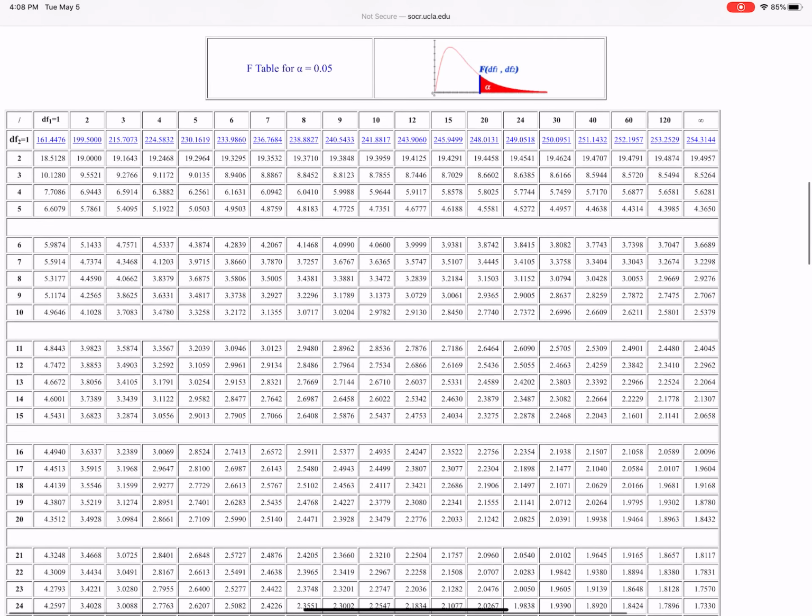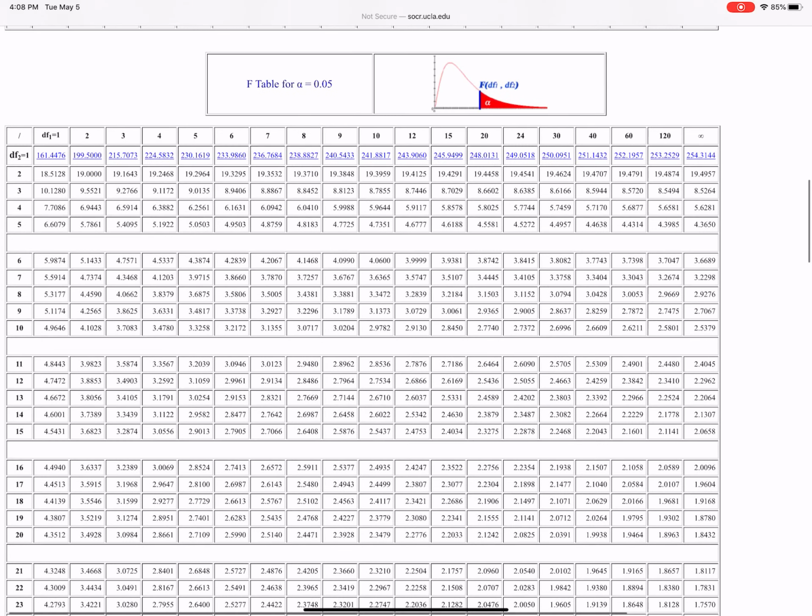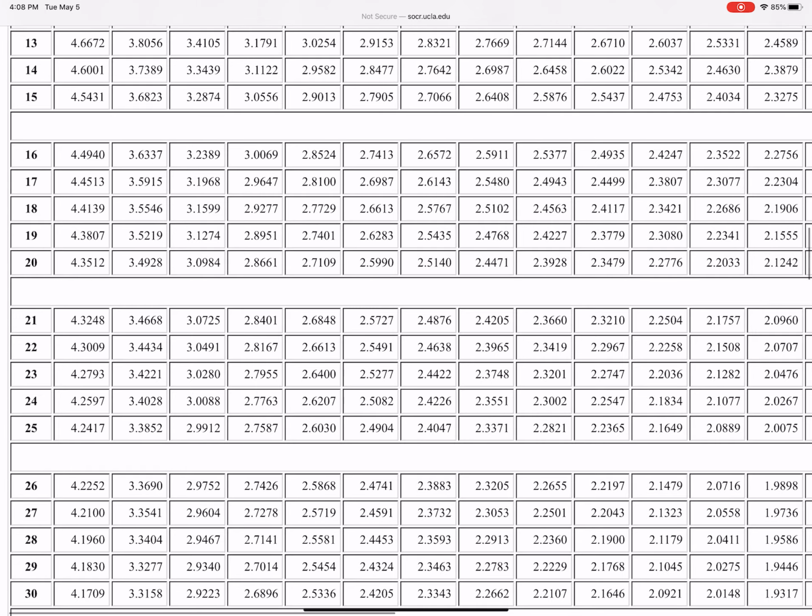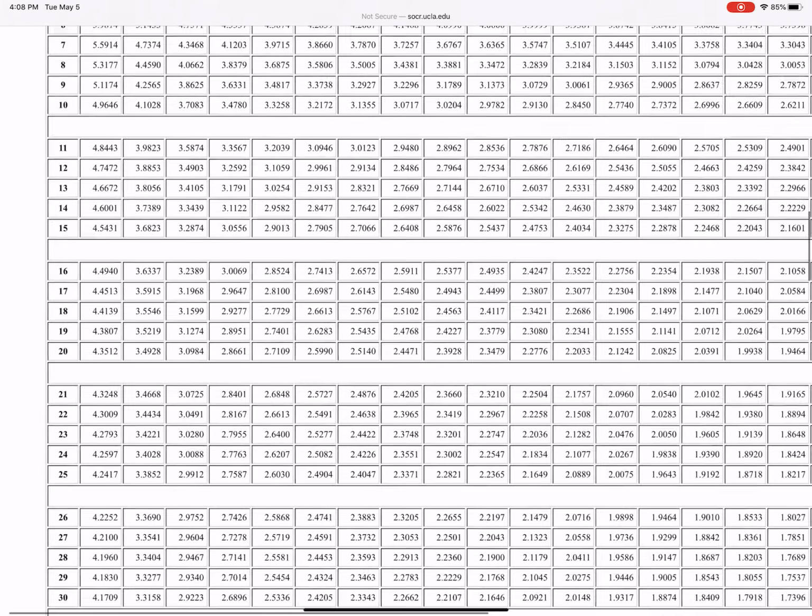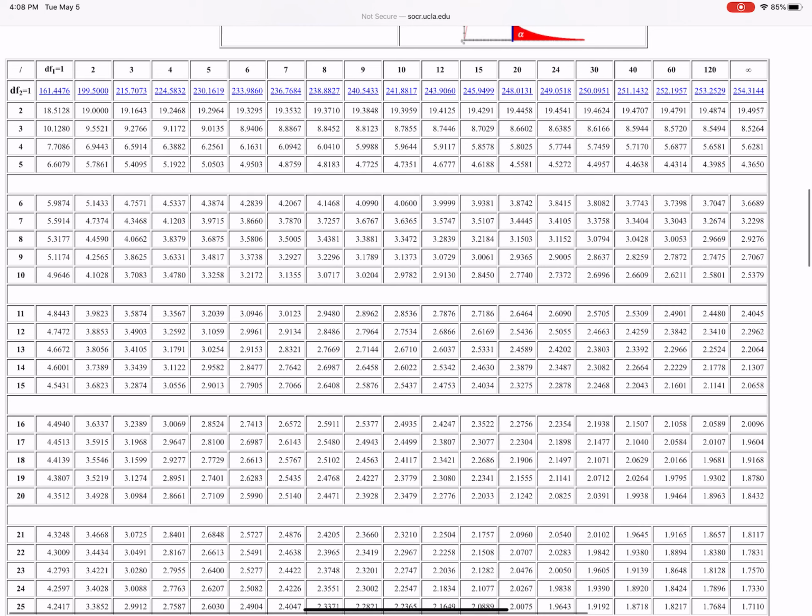So I'm going to look down to here, and 21 looks like 3.4668. So in the column of 2 and the row of 21, I have 3.4668.